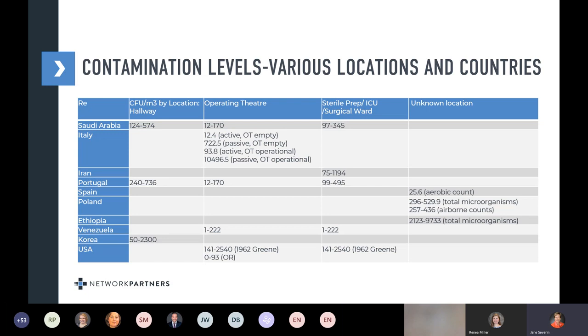But you can see while there's wide ranges across the different areas and the different countries, it definitely is a contaminated place. It's a dirty place. And it's measured in colony forming units. I didn't mention that. So colony forming unit is where one microbe reproduces into a colony.